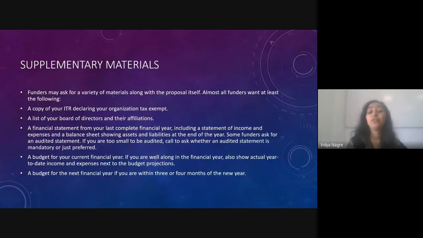Financial statement of your last completed financial year. Or if you are doing it for the first time, then the financial statement of the current financial year you can submit. Or if you have not done anything yet, then your overall tentative budget for the next financial year, you can add that.